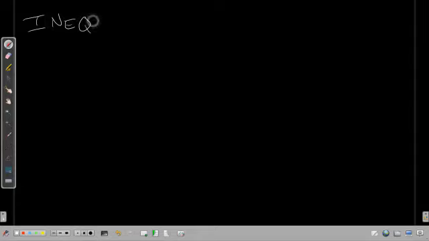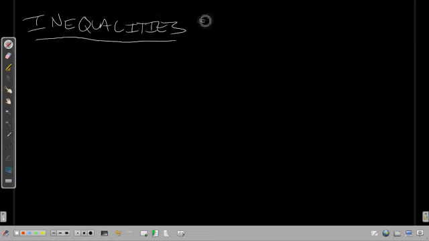Inequalities. Like the name suggests, it's mathematical. Inequalities are mathematical statements, but they involve the other symbols that aren't the equal symbol. I mean, all you ever have is equals, not equals, less than or equal, greater than or equal.